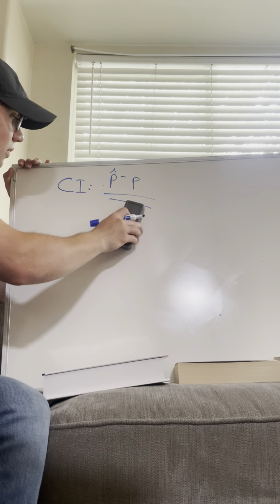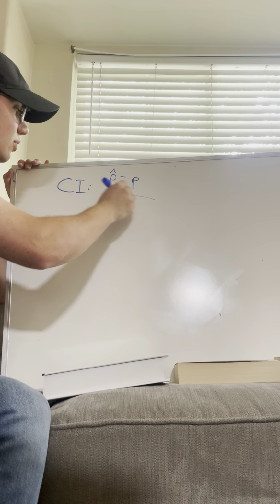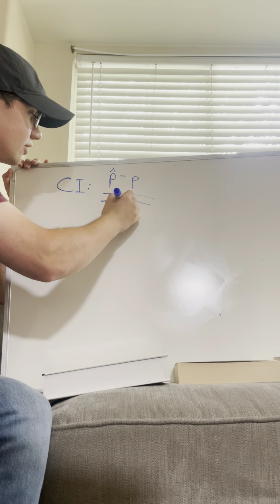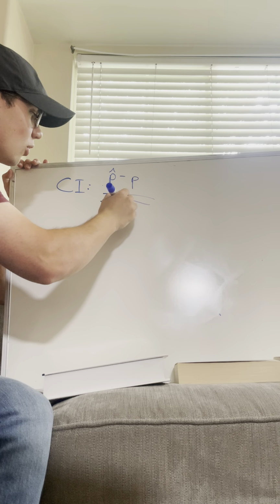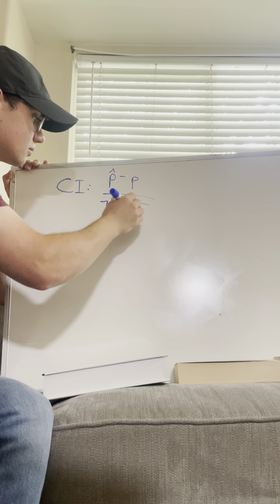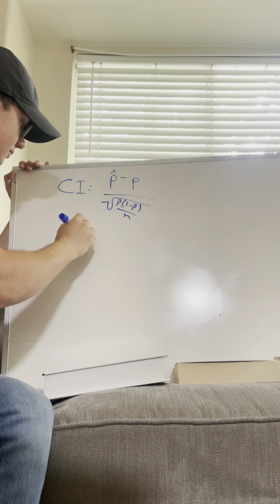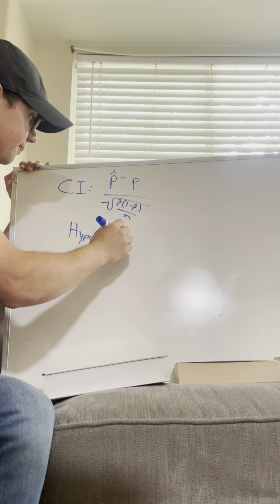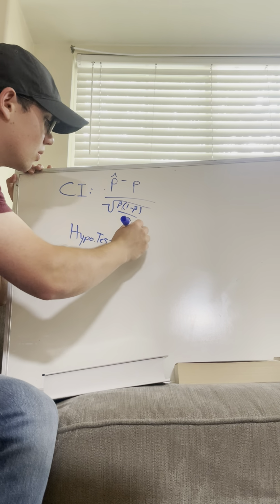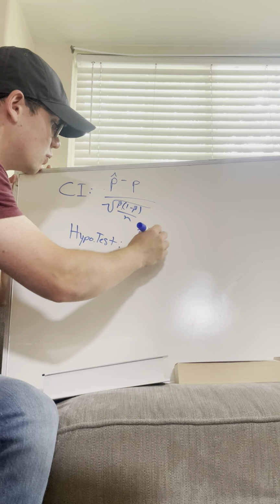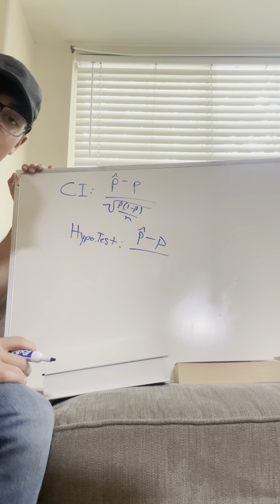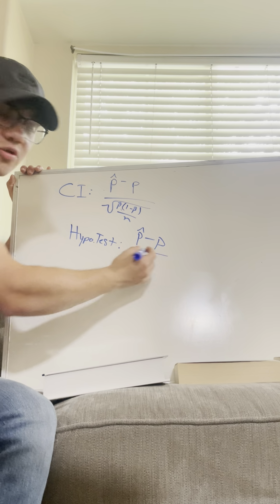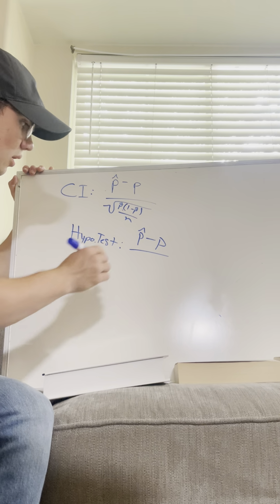However, once we switch to doing a hypothesis test with proportions, now, because of the null hypothesis, we have an assumption for what the true population proportion is, right?